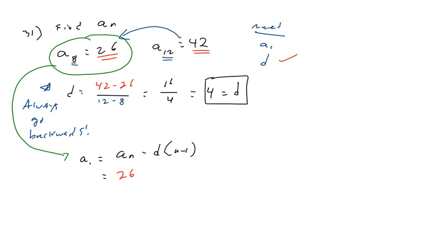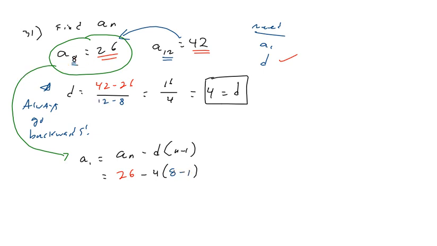I want to go backwards 4 times 8 minus 1, because I'm starting on my 8th number. So the 26 was the 8th number. So An is my starting number, the 26, minus my difference, the 4. I do it 8 minus 1 times. I do it 7 times to get back down to 1.